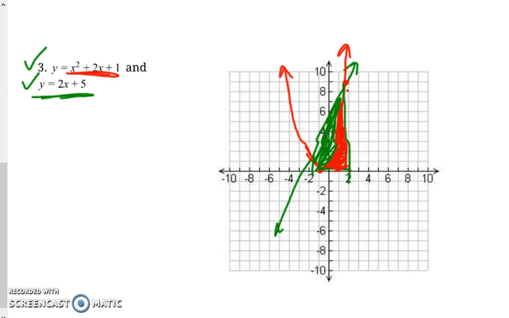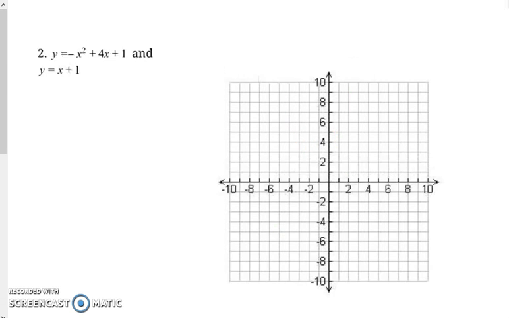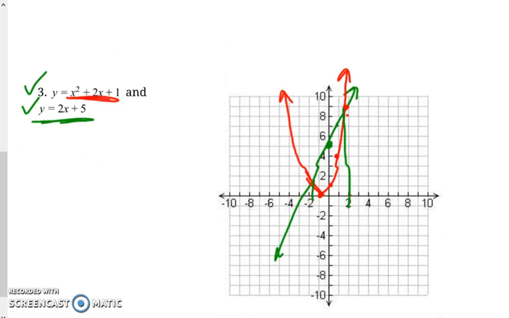If we want to write out exactly what we're doing, to find that blue area, we're going to do the area under the green line, minus the area under the parabola.